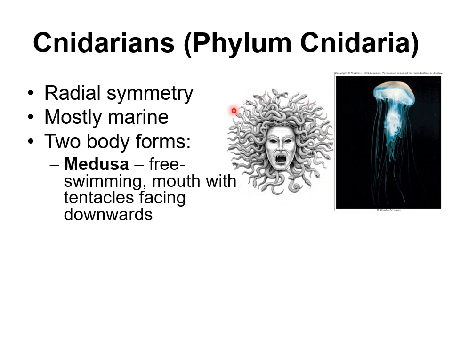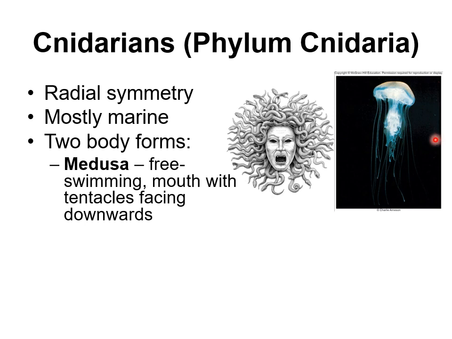Medusa was a woman that had snakes for hair, and if you looked at Medusa, it would turn you into stone. So this jellyfish obviously won't turn you into stone if you look at it, but it does have a mouth with tentacles around it, just like Medusa has a mouth with snakes around it. So that's why the Medusa shape of a Cnidarian is named after her.